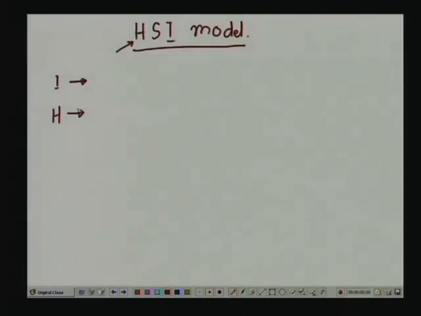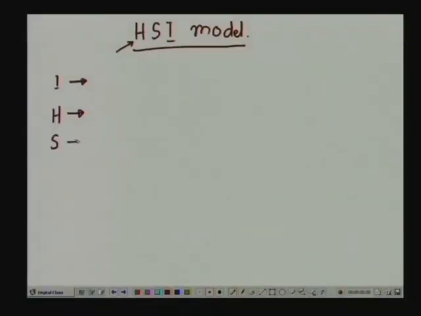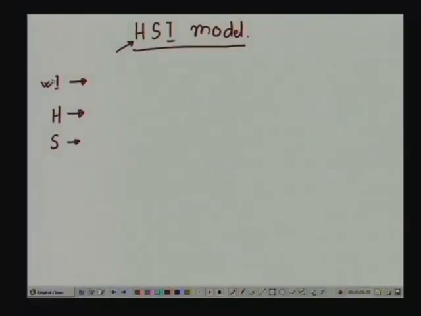So, hue tells us the prominent primary or spectrum color in the specified color. Saturation indicates how much white light has been added to a pure spectrum color to dilute it, and intensity is the chromatic notion of brightness.